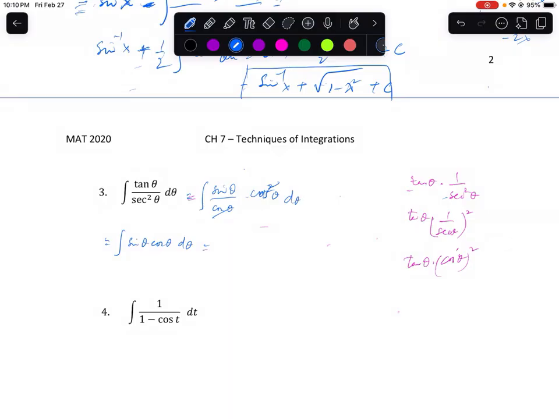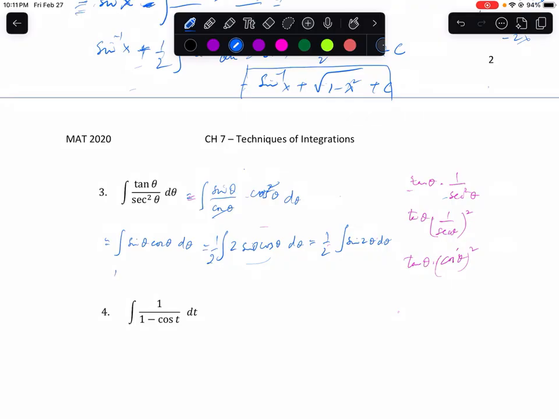So we know that if we have a 2 here, this quantity is sine 2 theta. So I introduce a 2 here, but then I have to divide by 2, so I have 1 over 2 outside. Inside, my quantity is now sine 2 theta d theta.